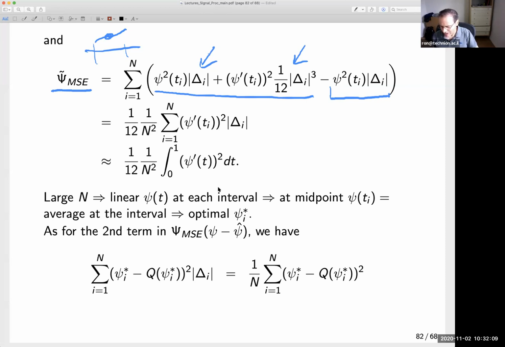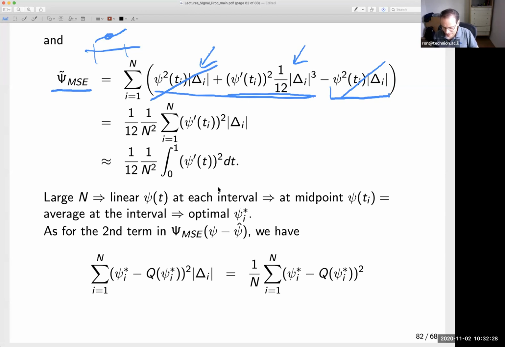Now you would immediately see that these 2 cancel out. And what we have is just the central term, summing over something that looks like the Dirichlet energy, the square of the derivative of psi over my interval.